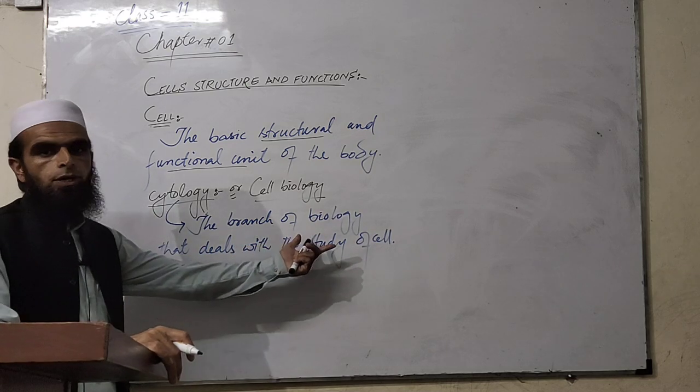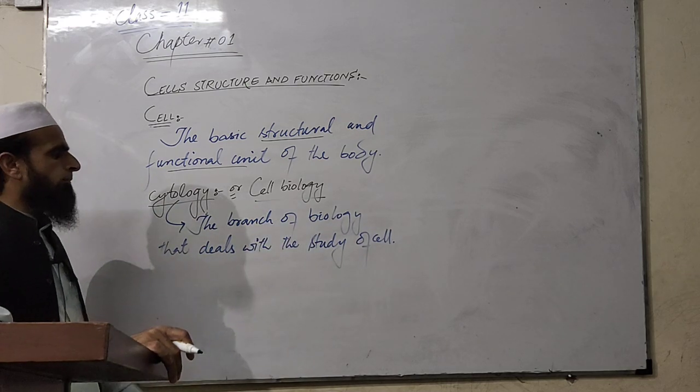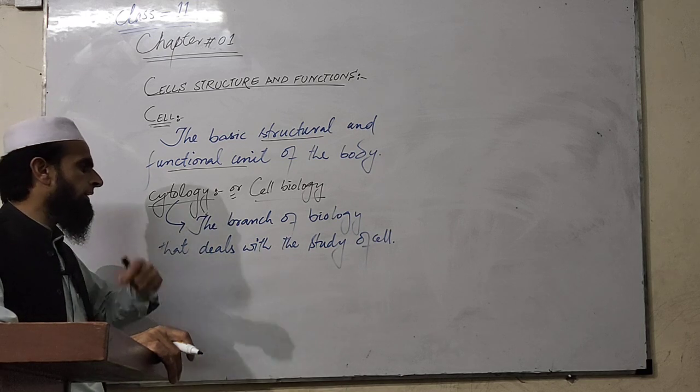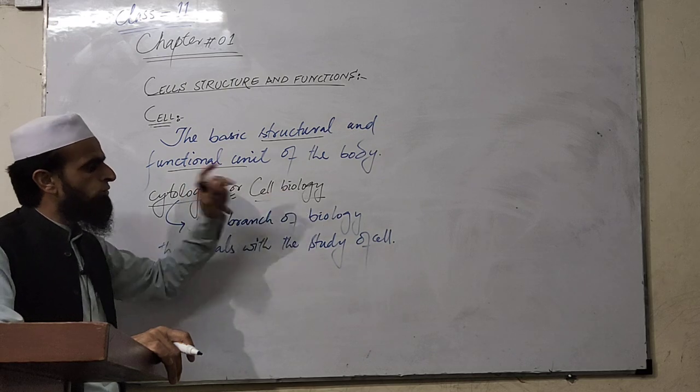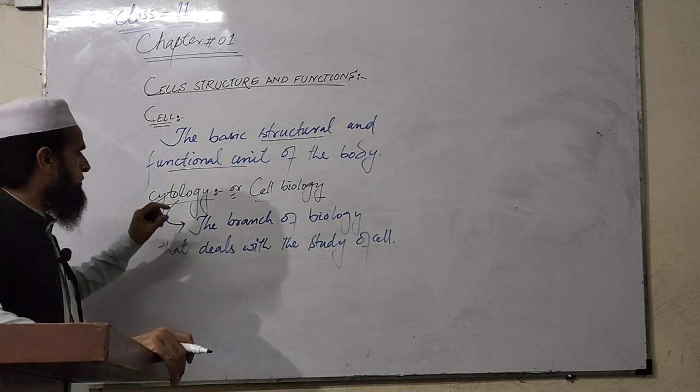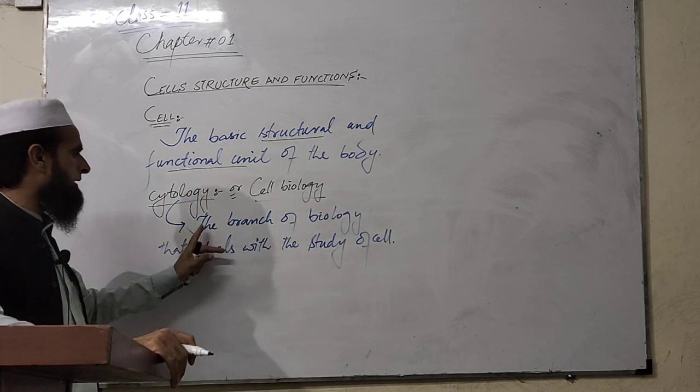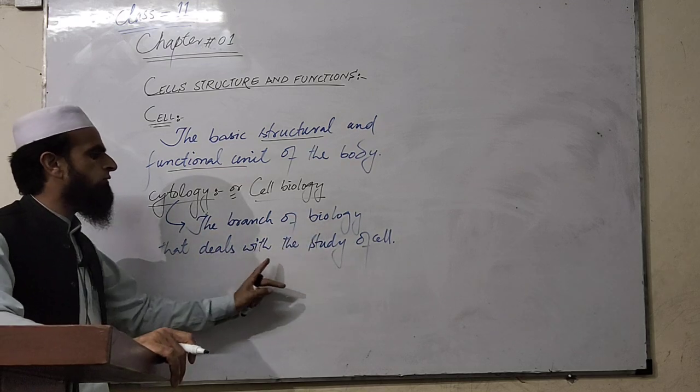When these different organelles are brought under consideration, they are brought under study. So this study is then termed cytology or cell biology. So you can say that cytology or cell biology is the branch of biology that deals with the study of the cell.